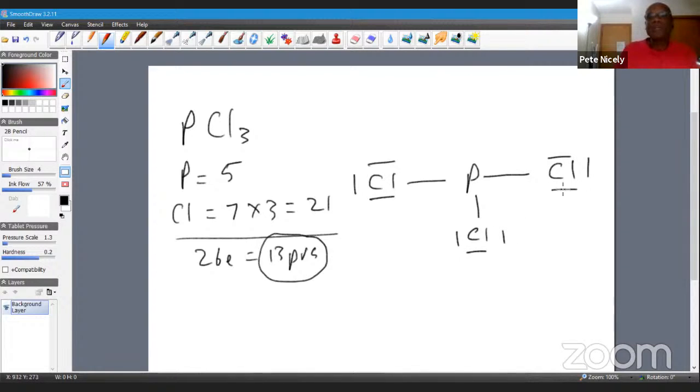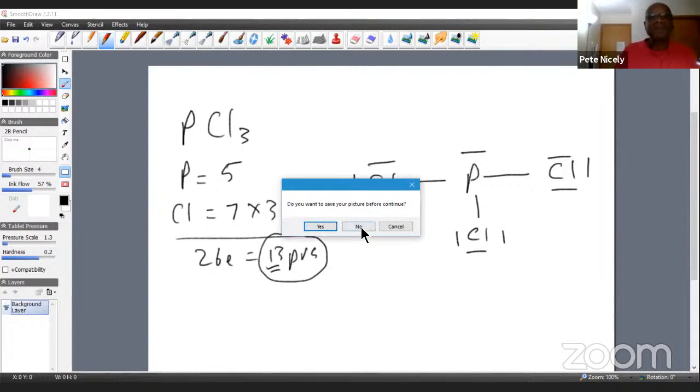So we have one more pair, because we have a total of 13 pairs, and that pair would go on the phosphorus atom. So this would be the Lewis structure of phosphorus trichloride. All right, so that's another relatively simple example. Let me move on to something a bit more complex.